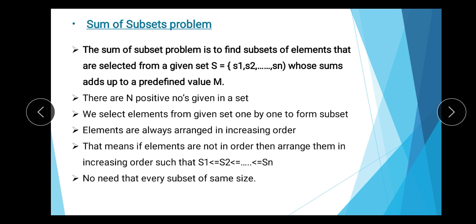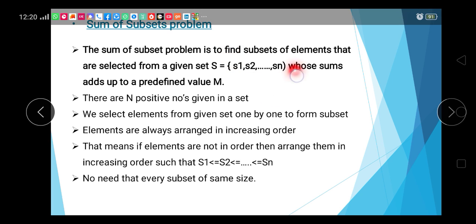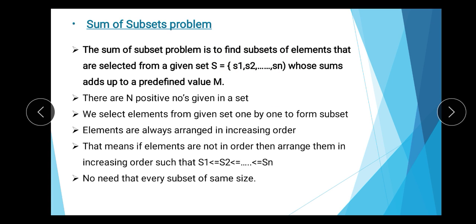Now here we have to remember that elements are always arranged in increasing order. That means if in the given input set the elements are not in order, then we need to arrange them in increasing order such that S1 is less than or equal to S2, less than or equal to S3, and so on till Sn.